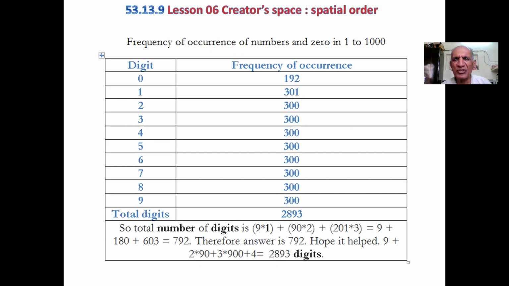As the tabulation will bring us face to face with, the total frequency of occurrence of all the digits 0 to 9 in the formation of numbers range 1 to 1000 comes to be 2893, and its split up is that for digits 2 to 9 the frequency of occurrence is 300.